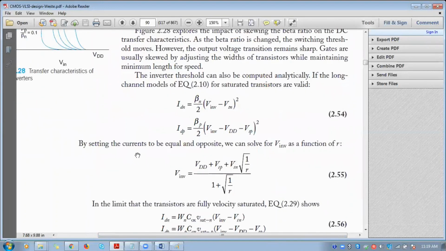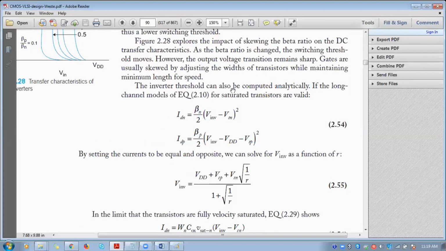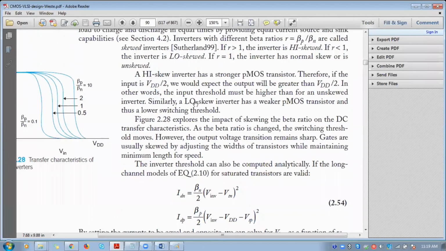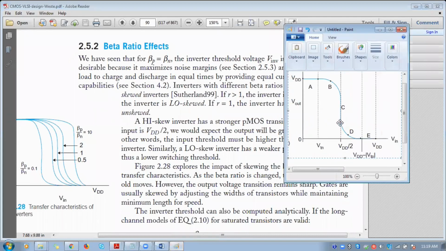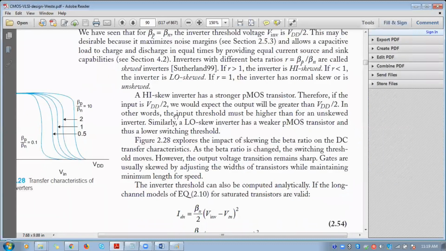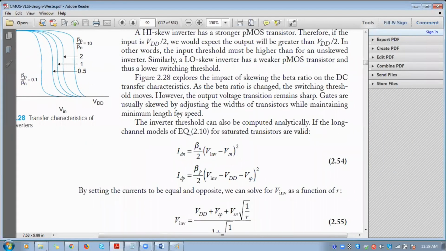So this is the explanation, the derivation, for how the input voltage and output voltage equal VDD by 2 that we have seen in the characteristics curve. For that derivation, we are going to see now, by equating the current flowing through NMOS and PMOS in saturation.